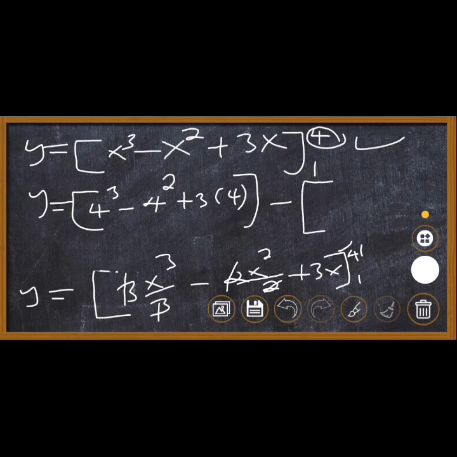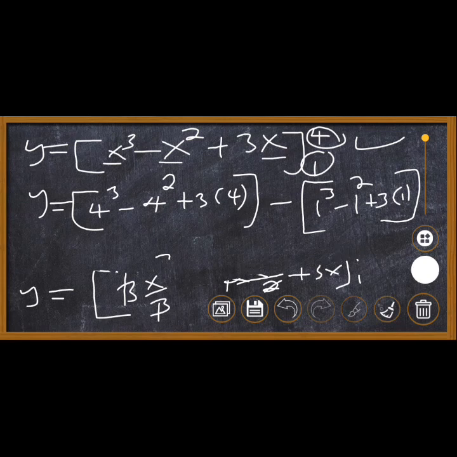Remember the lower limit in our case is 1. So you are going to replace where there is x with 1. So you are going to have 1 raised to power 3, then minus 1 squared, then plus 3 times 1. So that's how we replace whenever you have been given the upper limit and the lower limit.